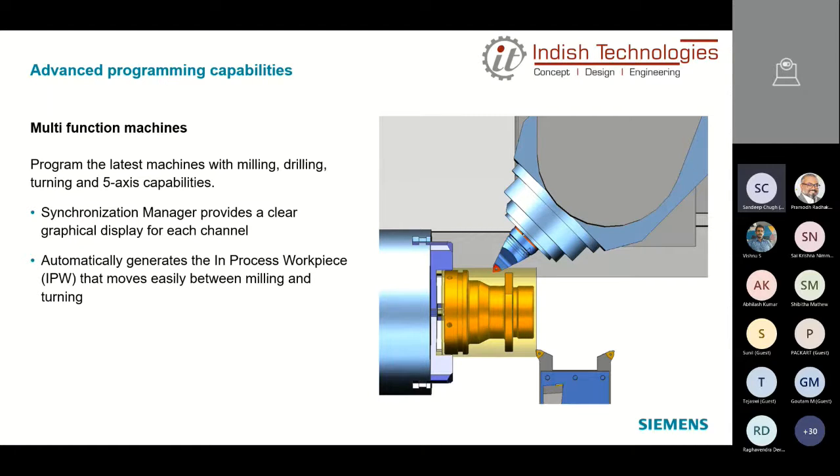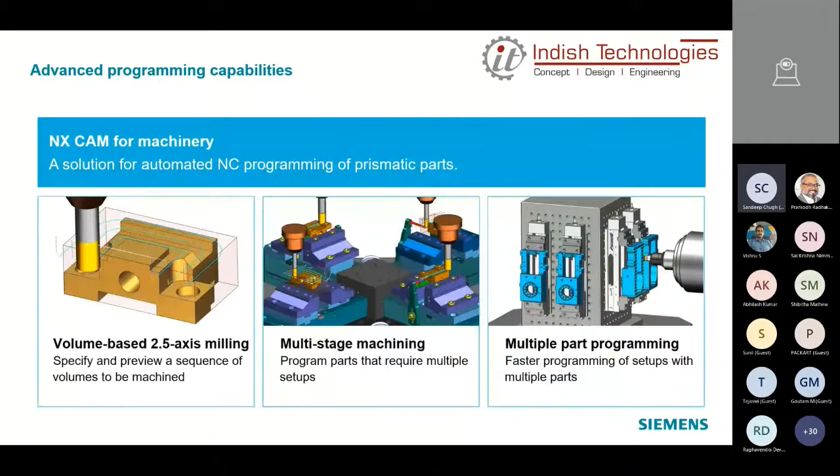If you have two channels, you can have multi-channel turning operations synchronized together through a synchronization manager. You have every flexibility. You want continuous B-axis turning, you can do that. You want to make a turning operation using a milling cutter, maybe for burnishing or for grinding, you can use that. You want to generate a generic motion from main spindle to sub spindle part takeoff, you can do that. So every freedom NX gives.